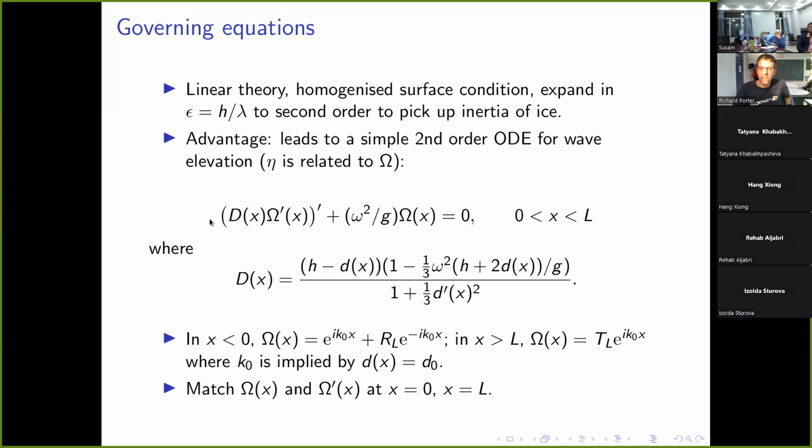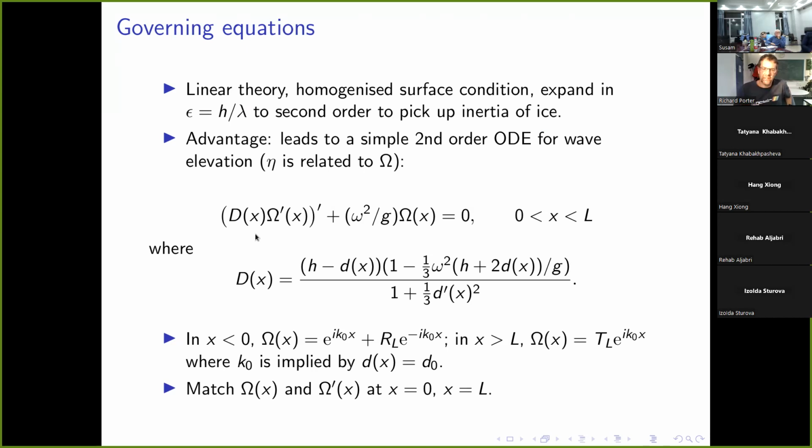So it's an equation for the evolution of omega. I assume a single frequency, little omega, confusingly. Now, omega is related to the wave height. It's my dependent variable. This is my frequency parameter, and then d of x contains all of the information about the varying thickness of ice.